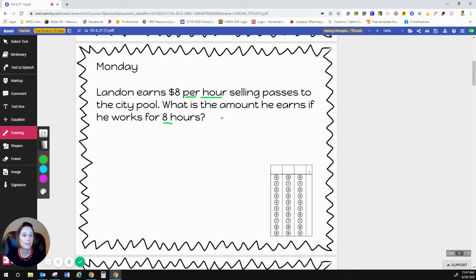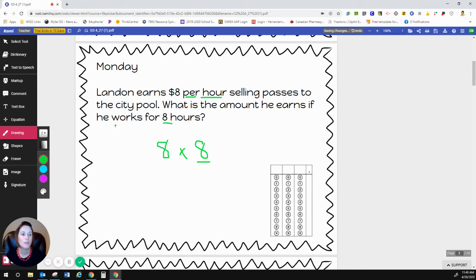So because I'm doing the same amount each time for every hour, what could I do? Yeah, multiplication would probably be the easiest. So let's set that up. I have 8 groups of 8, okay? You might already know this fact. If you don't, a way to think about 8 is double, double, double. Sounds kind of funny, right?